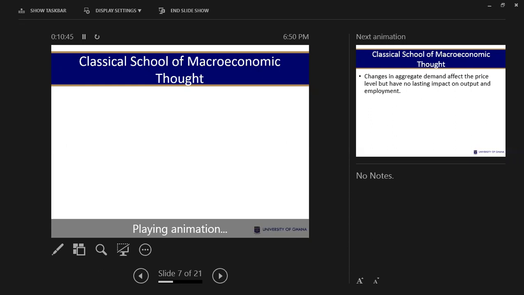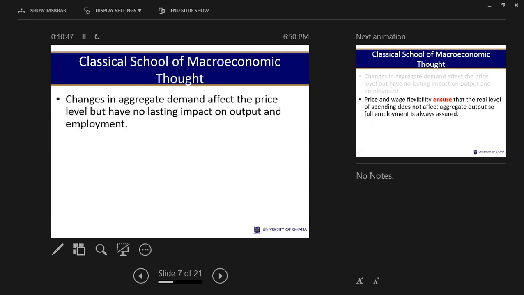And then those people came, the Ricardos and the Davenports, and they brought a new thought about macroeconomics. So we are moving to this. What they believed is, whenever there's a change in aggregate demand, it can only affect price. It has no lasting impact on output. For them, they believe in the supply side, but anything that will cause a change in demand was just strong enough to cause a change in price, but real output could never change.